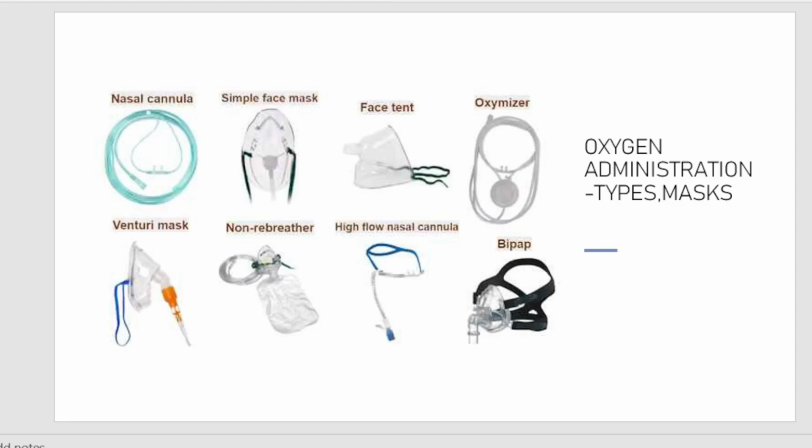For example, low flow oxygen delivers only 1 to 6 liters of oxygen per minute. We also have to know the FiO2. In case of high flow, there is the Venturi mask, high flow nasal cannula, and aerosol. In mechanical ventilation, we will use CPAP, BiPAP and the Ambu bag. Like that, so many types of oxygen administration masks we have to know.